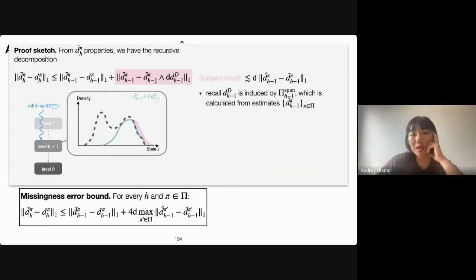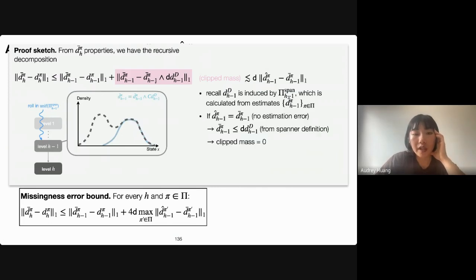So to see why this is the case, this is all based on the fact that d_{h-1} is induced by the spanner, which is calculated from estimated occupancies. And that's again shown in the dashed line on the left. If we had d hat h pi equal to d bar h pi, so no estimation error, then by the spanner definition, we would have d bar h minus 1 pi for any policy being covered by d times this data distribution d_{h-1} induced by the spanner.